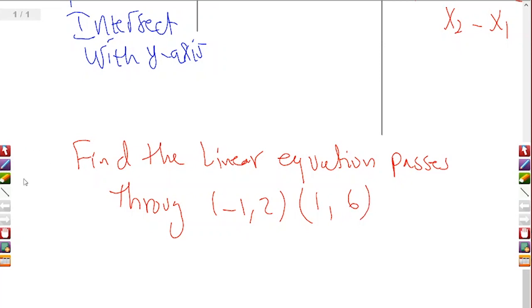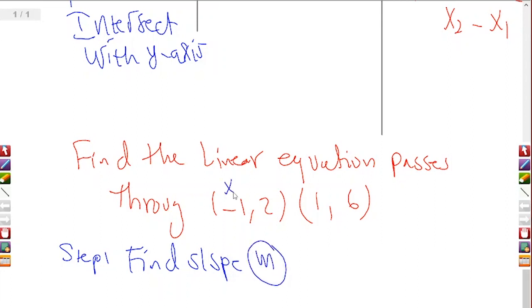Step 1, find the slope, which is m. x1, y1 here, x2, y2 here.